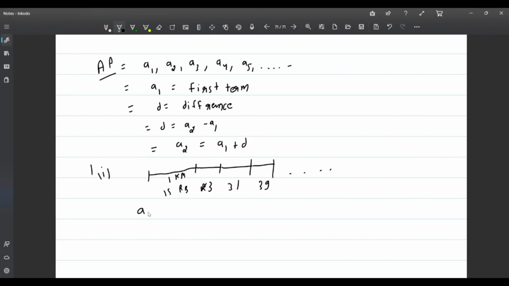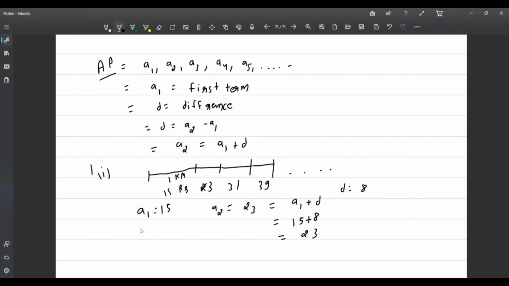Suppose the first term A1 is 15 and A2 is 23. How does this come? A1 plus D. What is the value of D? D is 8. So this is 15 plus 8, which is equal to 23.